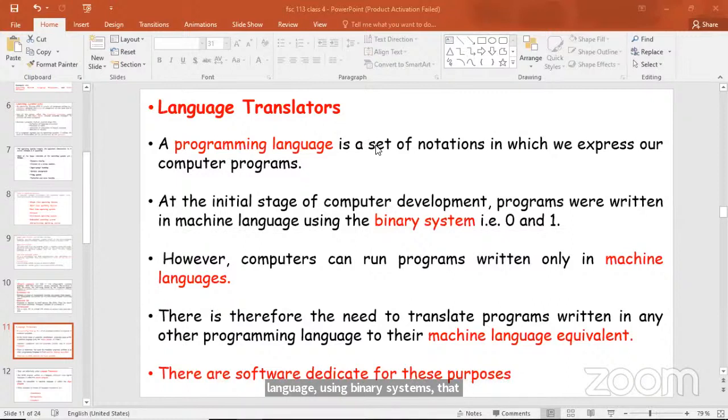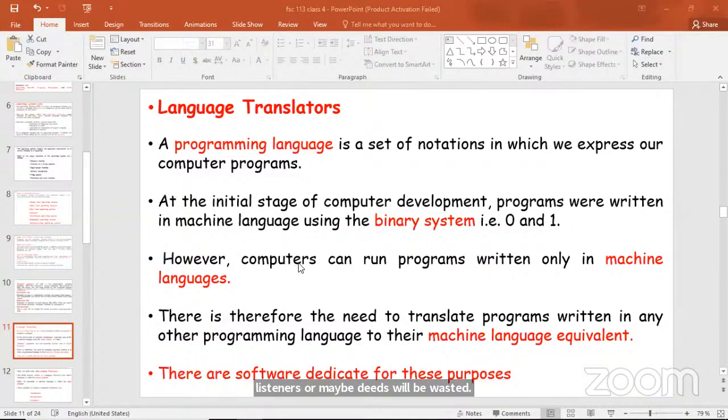However, computers can run programs written only in machine language. That means in binary. There is therefore a need to translate programs written in any other language to their machine language equivalent. So if I go to the north, there's a need for somebody to translate the language into what I can understand. Else, the whole essence of my visit will be wasted.